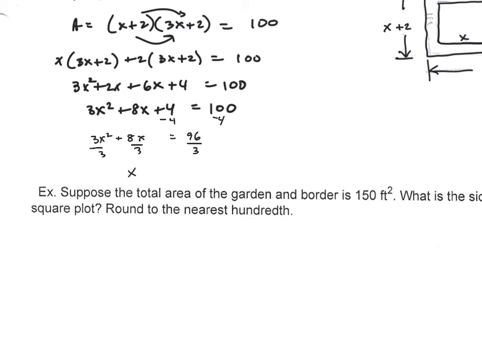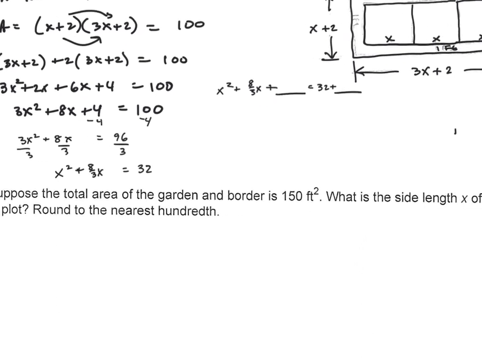That is going to give me x squared plus 8/3 x is going to be equal to, not 96, but 32. Now I can go ahead and complete the square. So I have x squared plus 8/3 x plus some value is going to be equal to 32 plus some value.